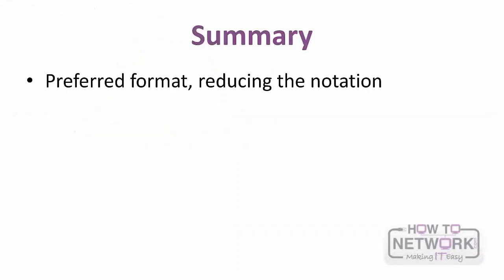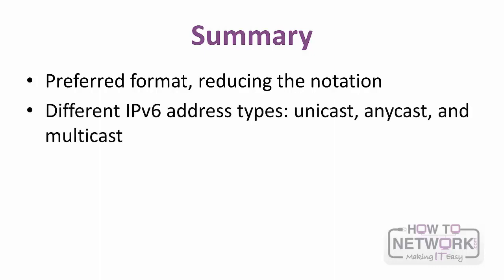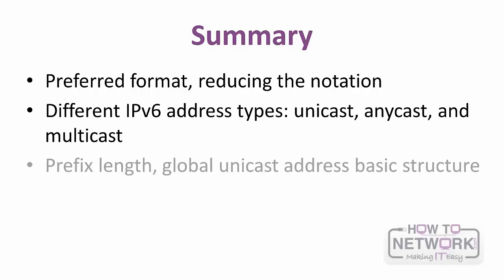This lesson explained the basics of IPv6 addressing. The preferred format of an IPv6 128-bit address was discussed, as well as ways how the notation of the address can be reduced. There was an introduction to the different IPv6 address types: unicast, anycast, and multicast. The IPv6 prefix length and the basic structure of a global unicast address were discussed.